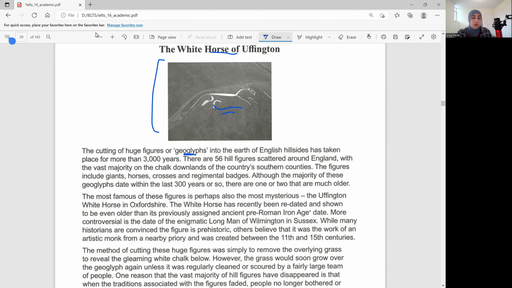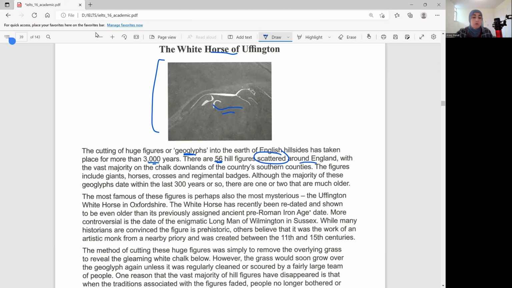So they talk about how old these geoglyphs are. And then they talk about 56 hill figures scattered around England. Okay, scattered, it means they're everywhere. It seems like it's the opposite of what was mentioned in the question, but I need to finish the sentence first. So I look at it again.